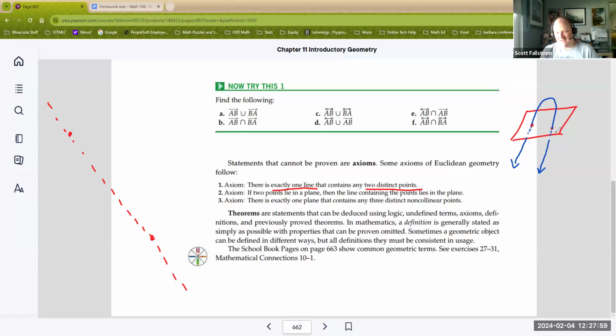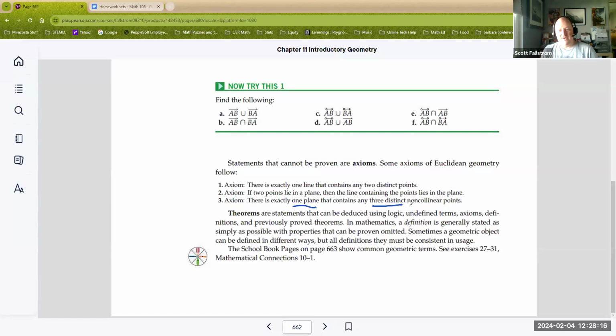That is violating this piece. So between two points, we get exactly one line, and the line has to be in the plane. This one, in this case, you can see comes up and out of the plane and then goes back down. So that is not possible in the axioms that we're dealing with. There's exactly one plane that contains any 3 distinct non-collinear points. So just remember, non-collinear, not in the same line.